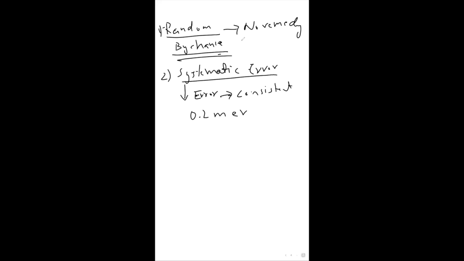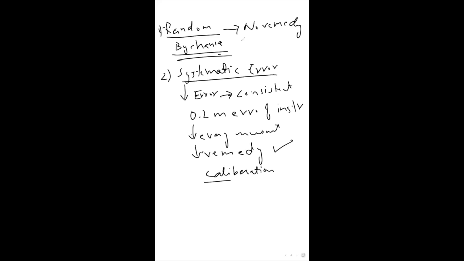Whatever measurement you take, you'll have an error of 0.2 meter with every measurement. So this is called systematic error, and there is a remedy for this. You can do it by calibration. You can calibrate your instrument and then get rid of this error. So systematic error is good in the sense that it can be cured.